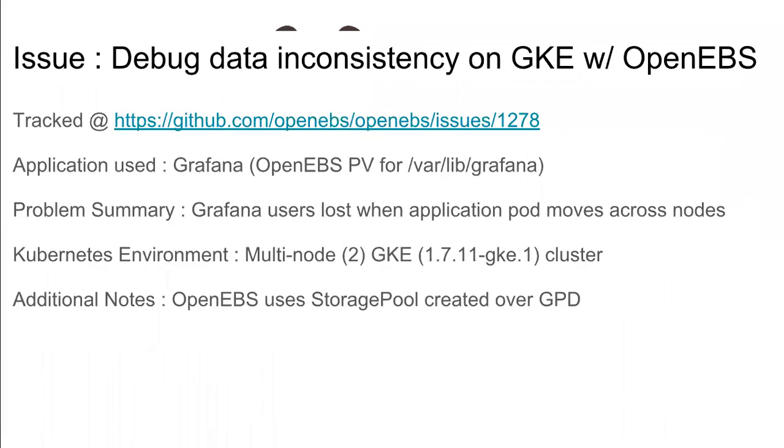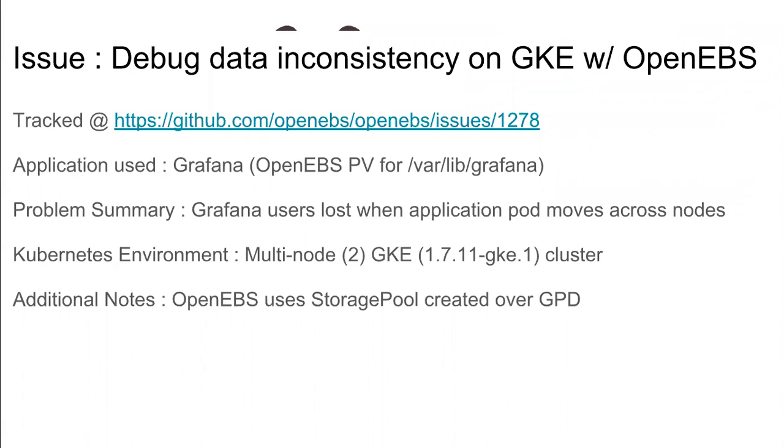So today's issue is an issue that we saw with one of our users, wherein a Grafana application which was being run with an OpenEBS PV showed inconsistency in data when it was deployed on different nodes. This was very apparent with the Grafana users that were created, and it immediately showed up when the pod was redeployed.